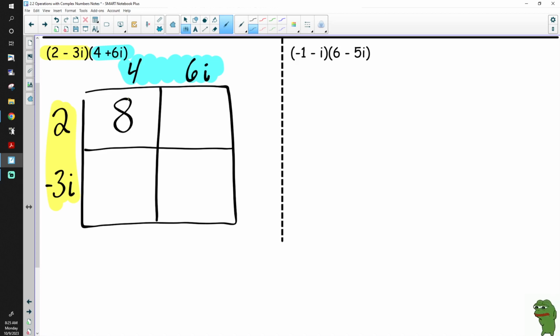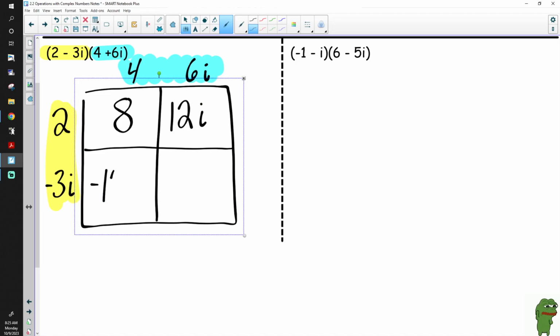This next box would be 2 times 6i. 12i. Just like a variable. 12i. Our bottom left box will be -3i times 4. -12i. Don't forget the i's.